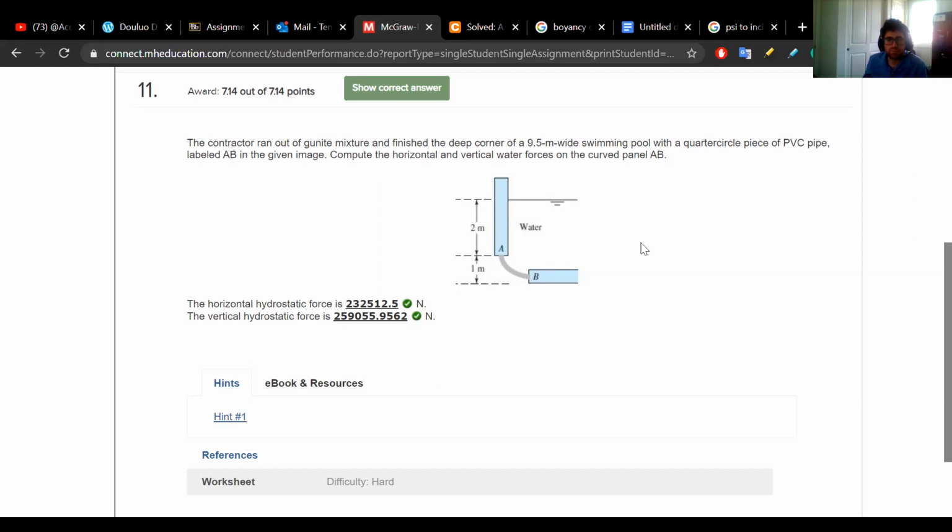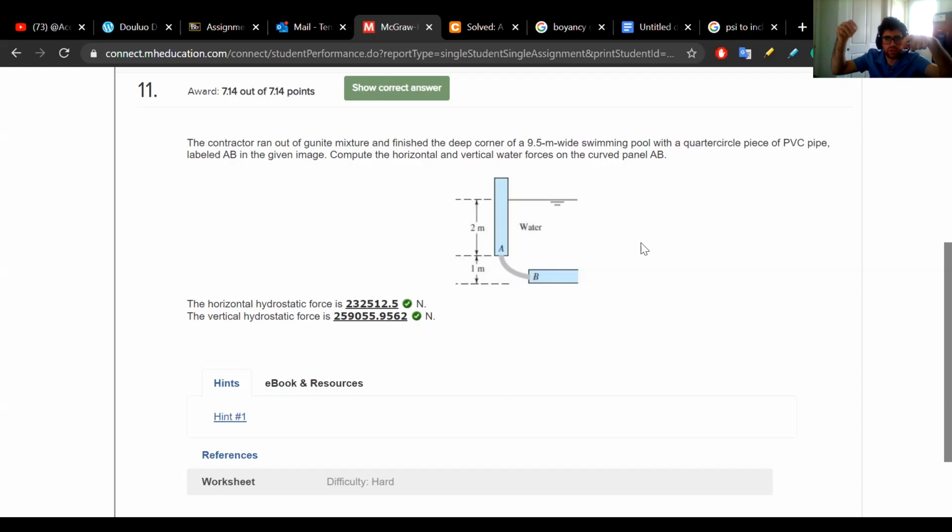Okay, that's kind of confusing. What's confusing? Remember, we have to split the forces into horizontal and vertical. So how would you calculate the horizontal force acting on the body of water?